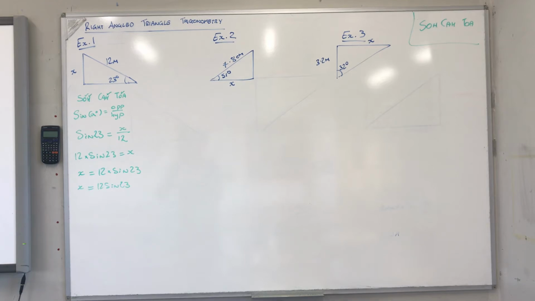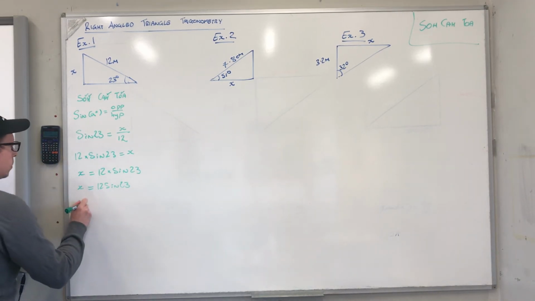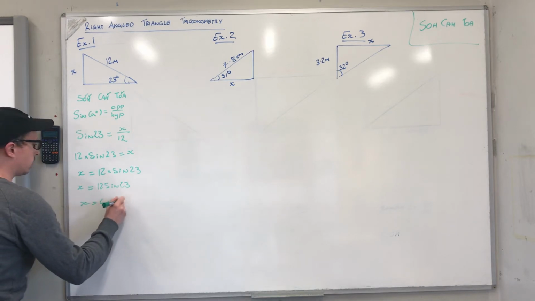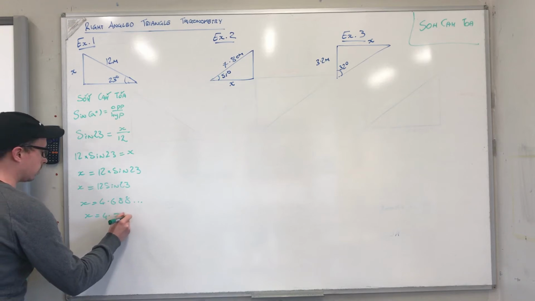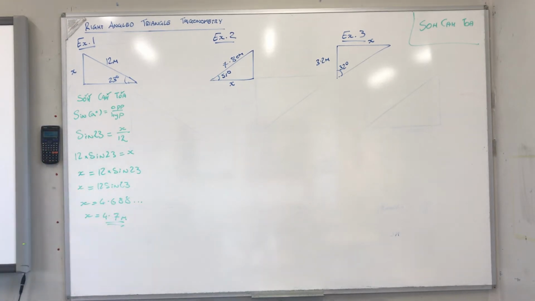So x equals 12 times sine of 23. And then you check your calculator, you should be able to see that there's a sine button there, and you're just going to do 12 times sine 23. And there I've calculated that it's going to be 4.7 meters. So I've rounded it to one decimal place.